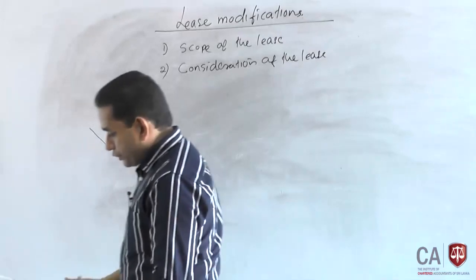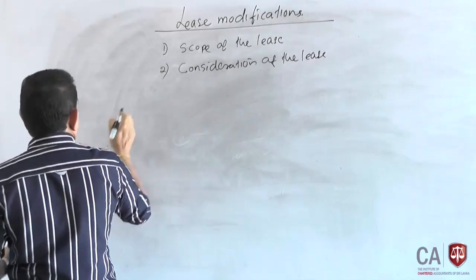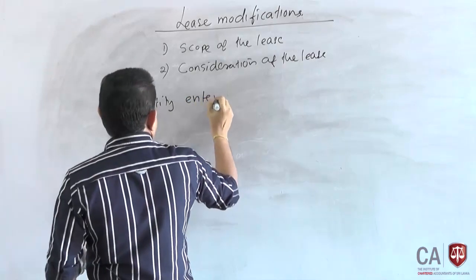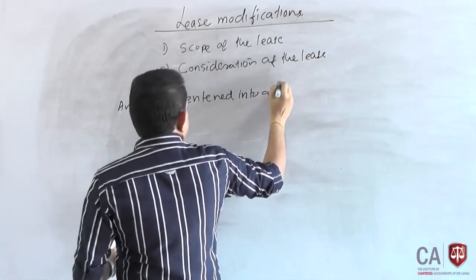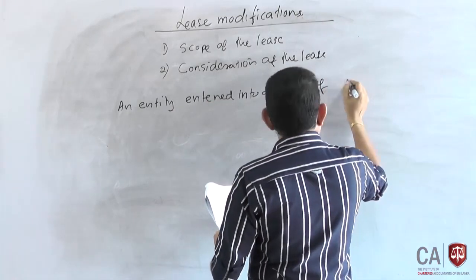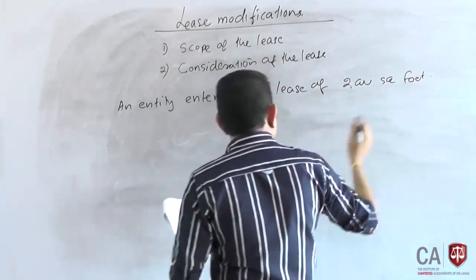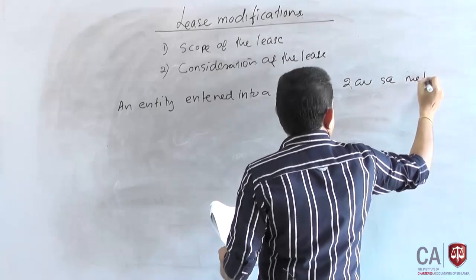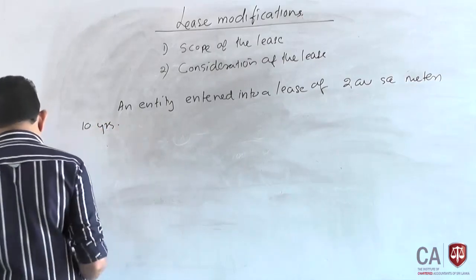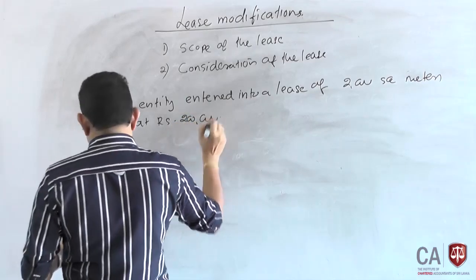Let us take a simple question. An entity entered into a lease of 2000 square meters for 10 years at rupees 200,000.